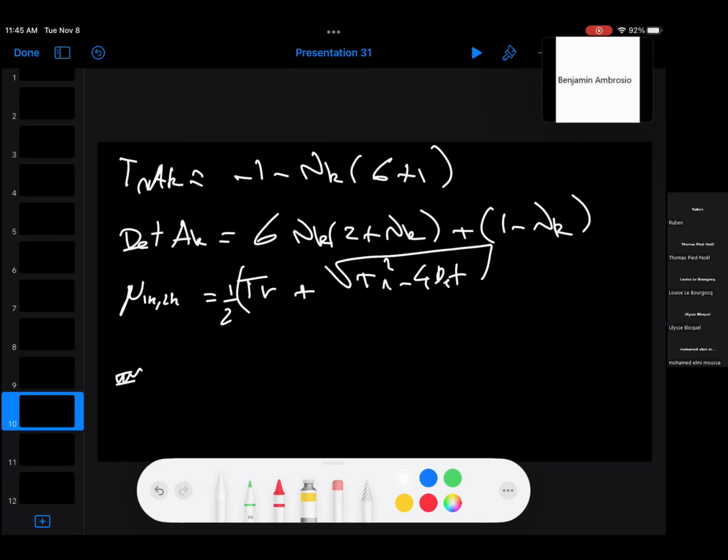So let's do trace square equals, so I get lambda_k square.